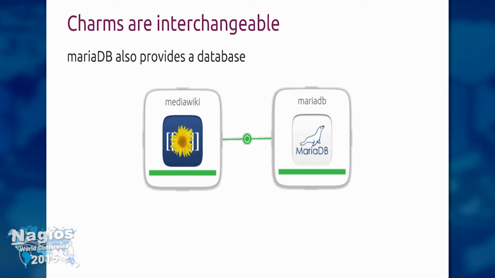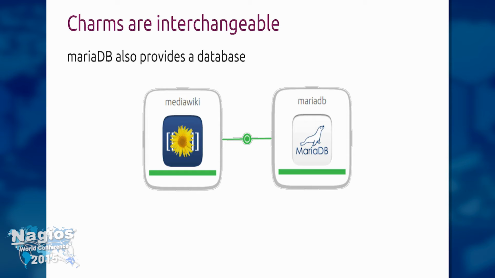MariaDB is a fork of MySQL, and it also implements the database interface. So you can relate MediaWiki to MySQL or MariaDB. The charm doesn't care as long as it gets the database. What happens on a database relation is it creates a table for that charm, and gives it some credentials, a username and a password, to access the database.